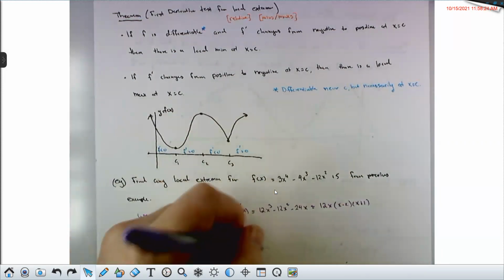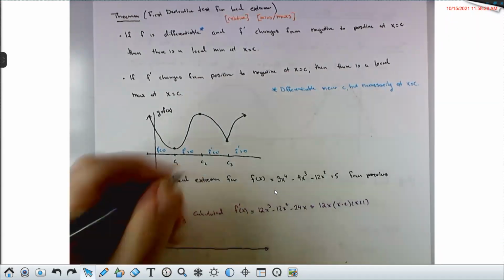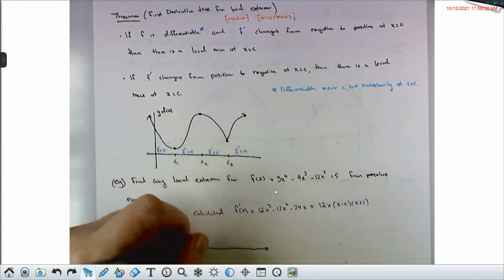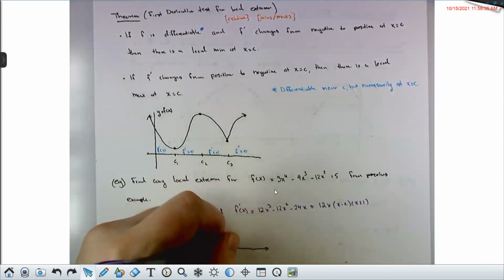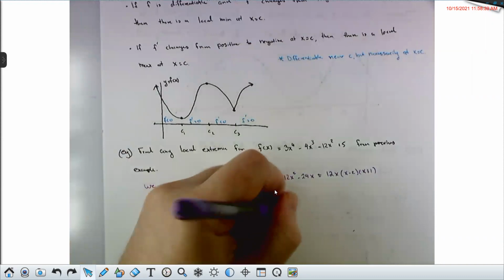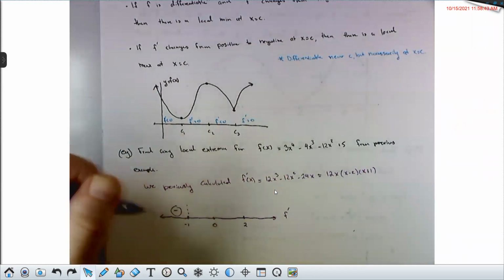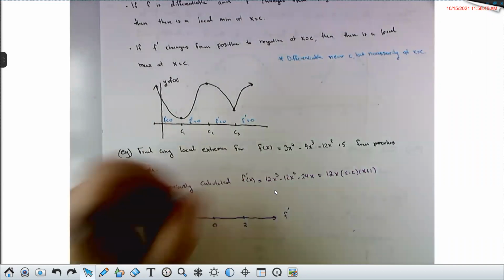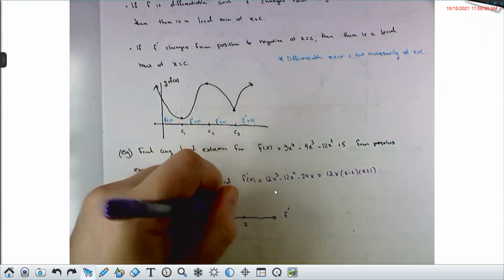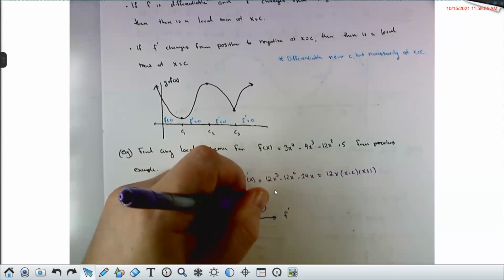And we made that number line, right? So over here was -1, 0, and 2. And we saw that f prime was negative to the left of -1, positive between -1 and 0, negative between 0 and 2, and positive to the right of 2.